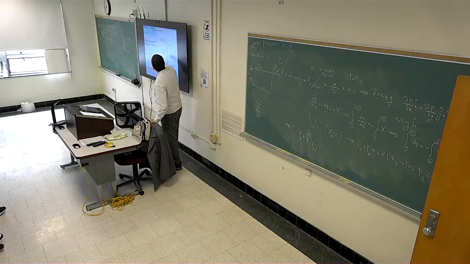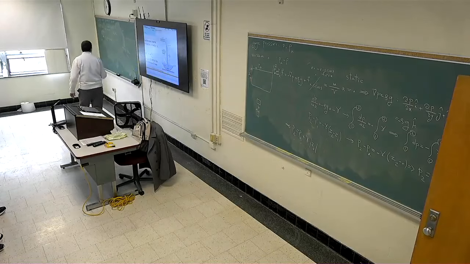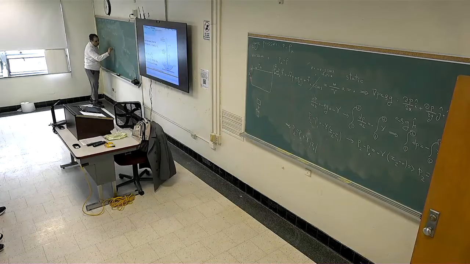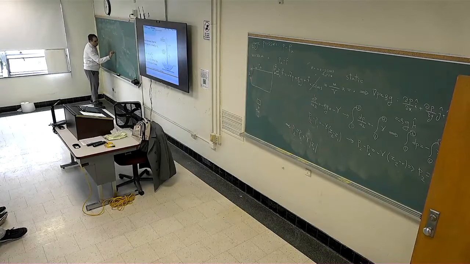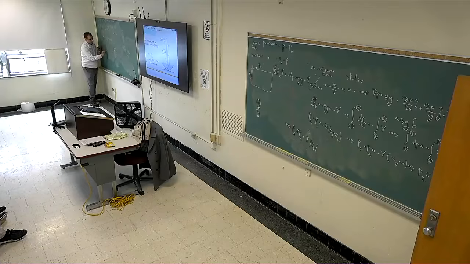So here is pressure 0, here is P ambient. P ambient minus gamma Z1 is equal to P mercury, which is 0. So P ambient is gamma Z1.